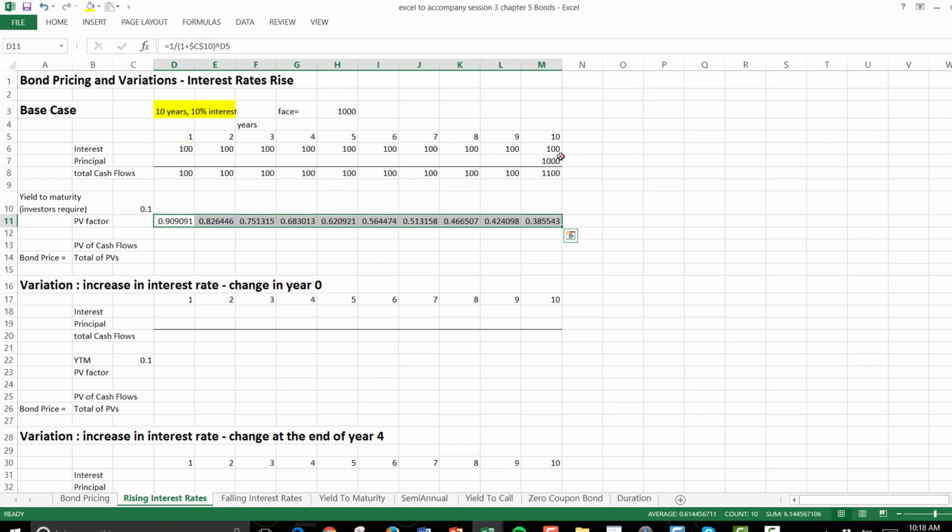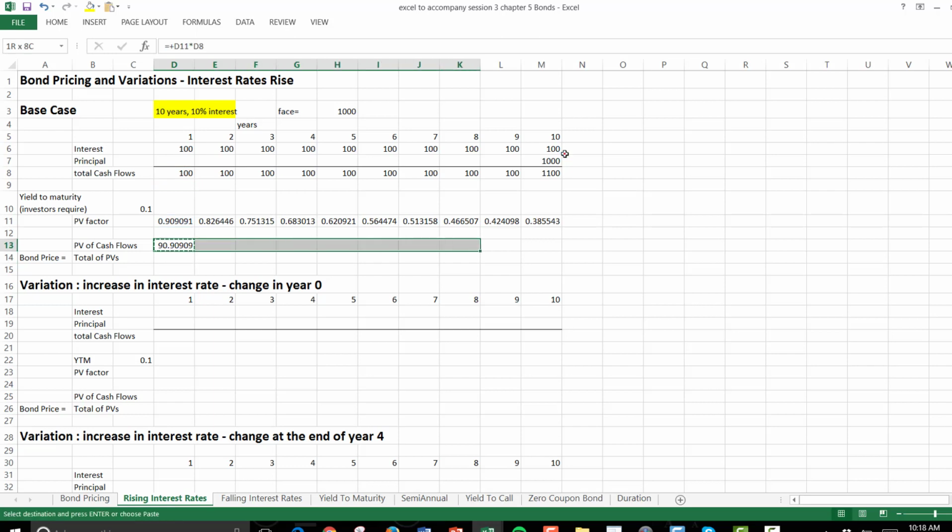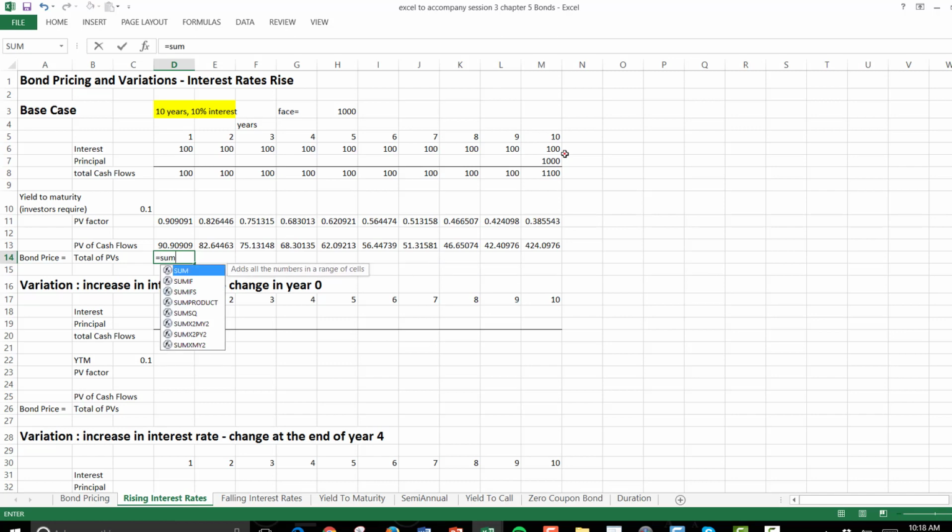We've done this probably 10 times at this point, right? So then we do the PV of each cash flow. So it's that rate times the cash flow for each year. Copy that across, and now we have the 10 cash flows. The present value of the cash flows, and when we add them all together, is the price of the bond.